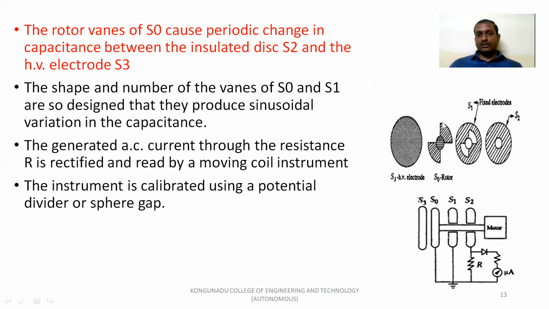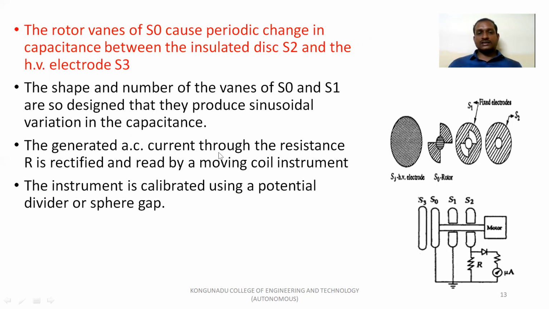This is the main reason for the variable capacitance between S3 and S2. The capacitance varies in a sinusoidal manner. The shape and number of the vanes of S0 and S1 are designed so that they produce sinusoidal variations in the capacitance.